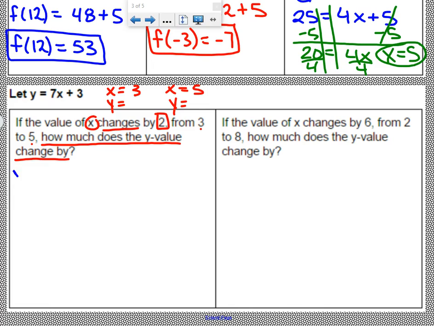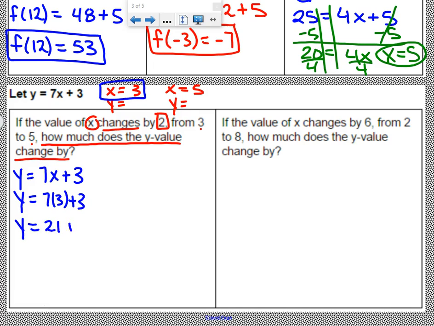So first off, y equals 7x plus 3. We're putting x equals 3. So y equals 7 times 3 plus 3. 7 times 3 is 21, plus 3 would be y equals 24. So when x equals 3, y equals 24.